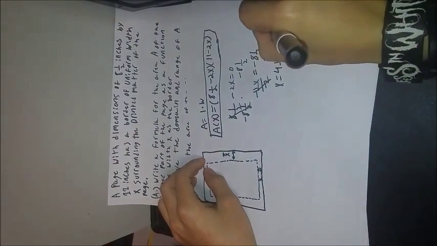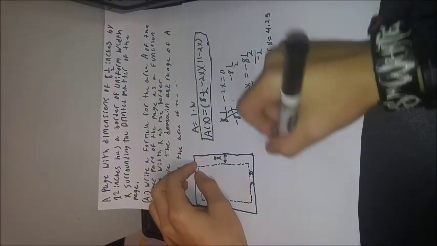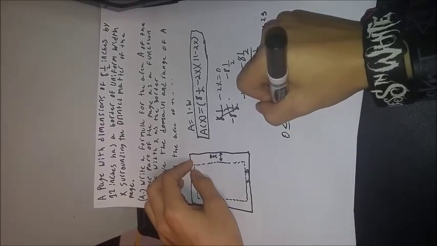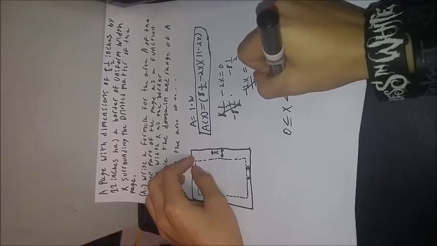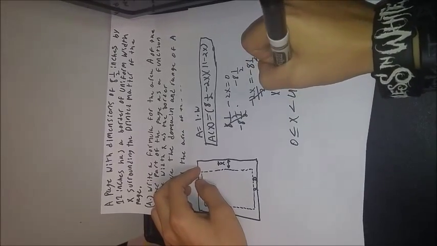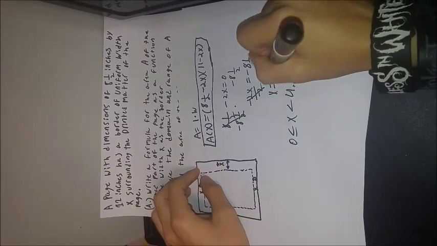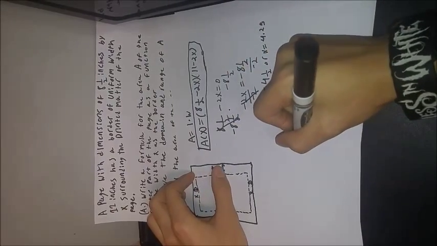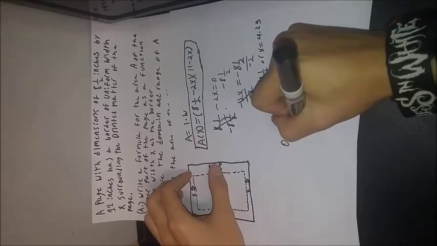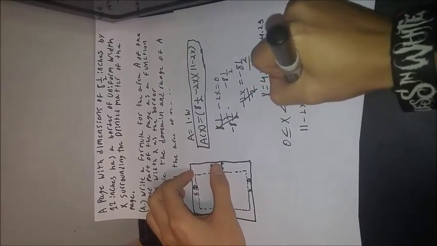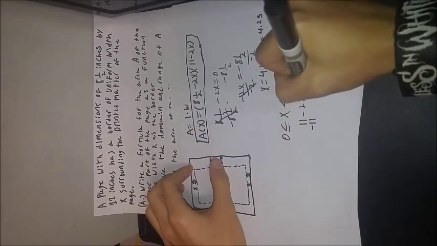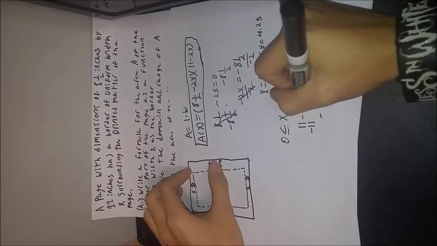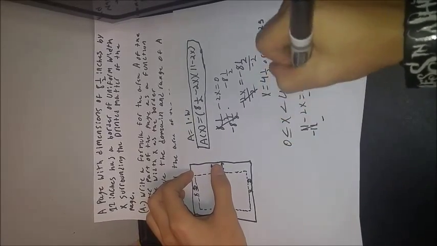And how you could write this out would be 0 to 4.25. I'm using the decimal point format instead of the fraction format. And now for range, we do the same thing, which would be 11 minus 2x equals 0. Subtract 11 on both sides. Then this cancels out.